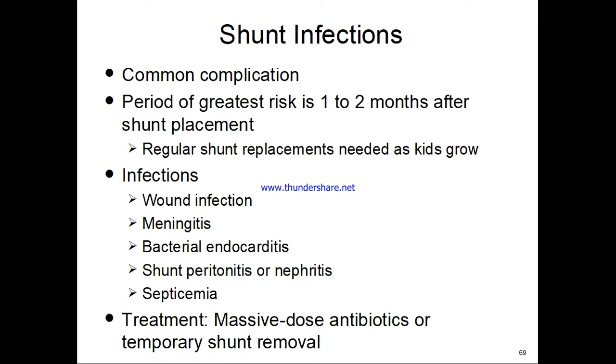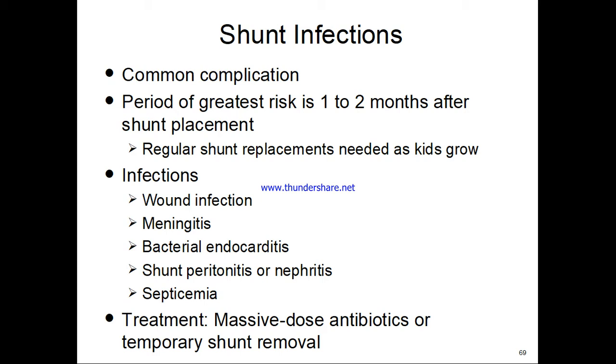So the infection can manifest itself as just a wound infection at the surgical site on their head, meningitis, most common, bacterial endocarditis if that bacteria travels to the heart, peritonitis, the infection down in the peritoneal area at the distal end of the shunt, or septicemia, having the bacteria get into the bloodstream and turning into a bloodstream infection.